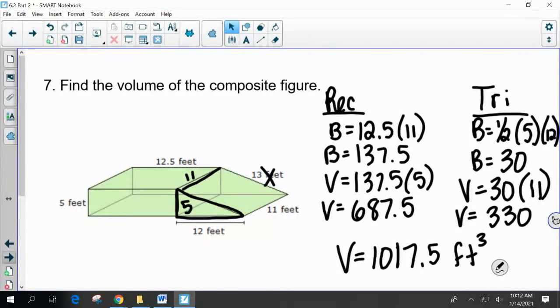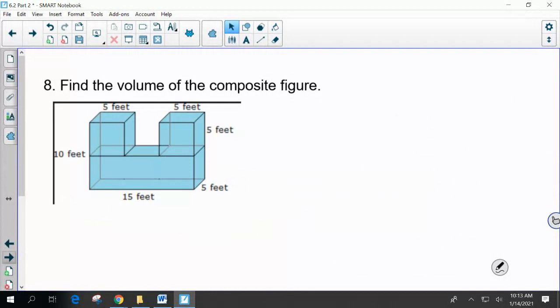All right, number 8. What are these shapes? Squares. And I hate rectangles. Rectangular prisms, cubes, which still are technically rectangular prisms. Okay, so let's do the larger rectangle on the bottom. We're gonna use 5, 15, and then 10 is actually this whole entire side.